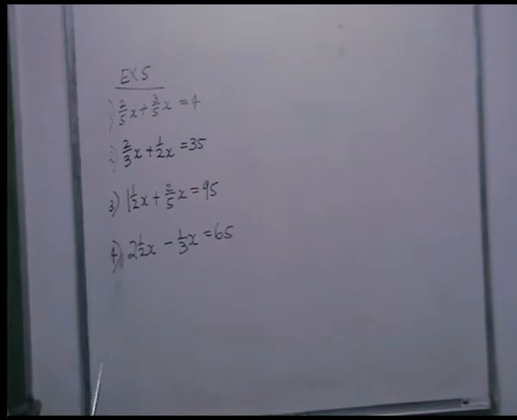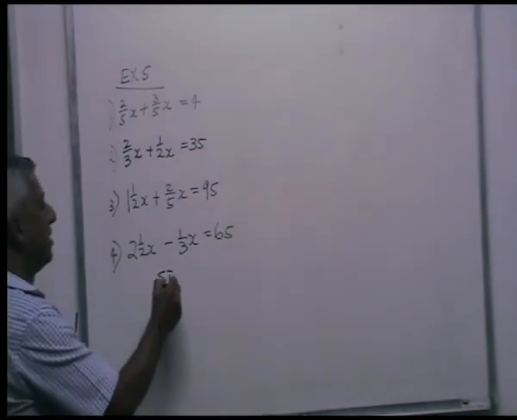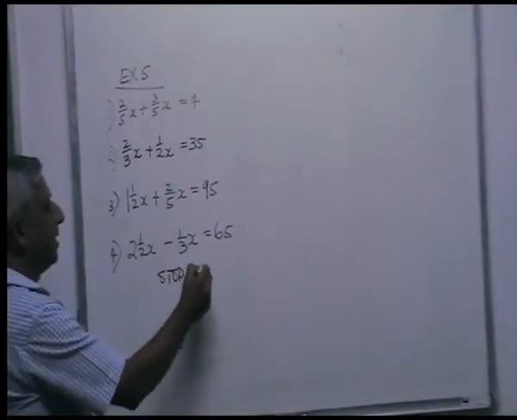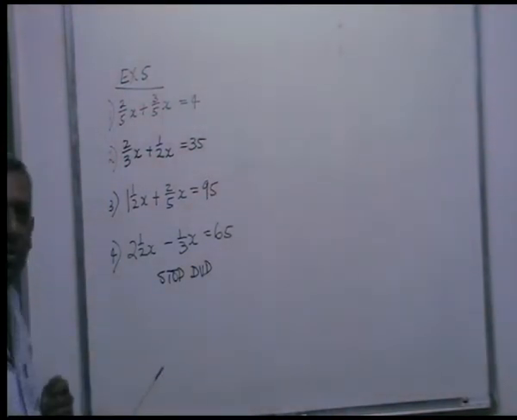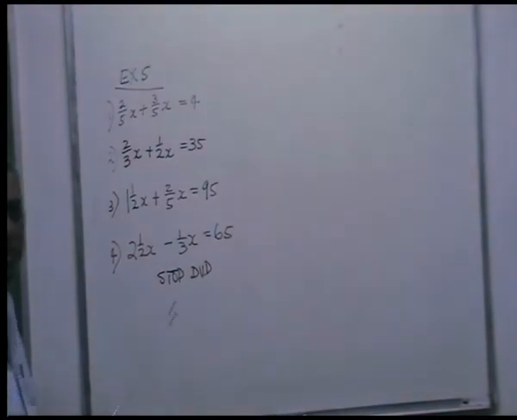And number 4: 2.5x minus 1/3 x is equal to 65. Alright, so what you can do is stop the DVD, do the exercise, and then come back and we'll help you to mark it. Sit back, relax, and enjoy the examples.